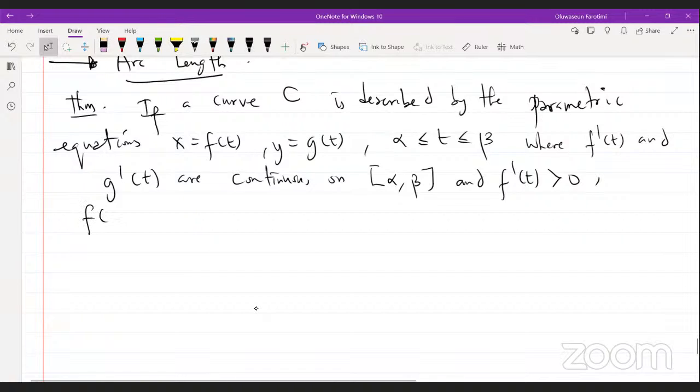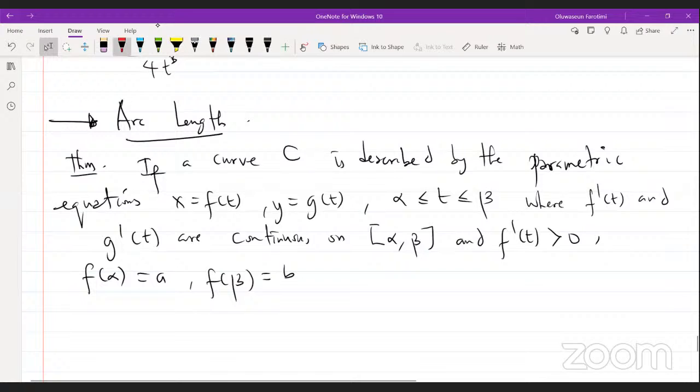Okay, so if f of alpha is A and f of beta is B, now what does this mean? It means the curve is traversed only once. It turns around just once. It reaches just once.